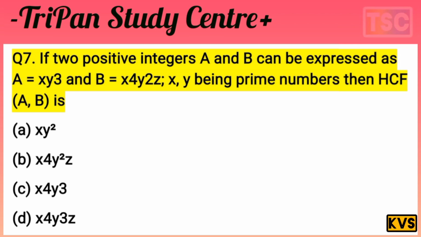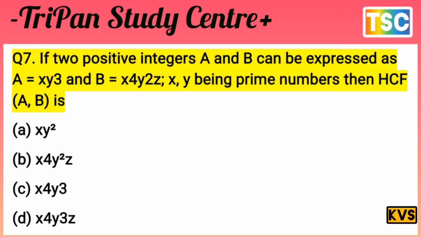That's an important understanding. The options are A, xy^2; B, x^4 y^2 z; C, x^4 y^3; and D, x^4 y^3 z. D is totally eliminated because D is the option of the LCM but not the HCF.